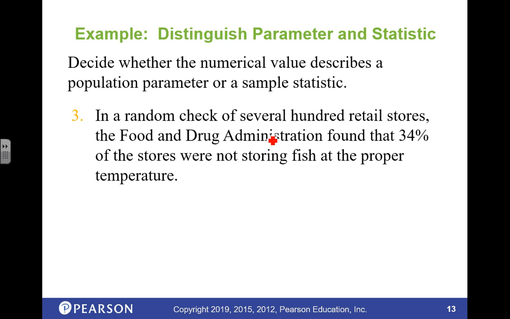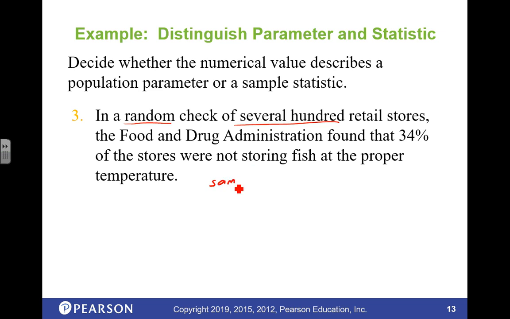All right, in a random check of several hundred retail stores, the Food and Drug Administration found that 34% of the stores were not storing fish at the proper temperature. So notice it said a random check of several hundred retail stores. Is that every store, or is that just some stores? Well, it's not every store, only a few hundred retail stores were selected.